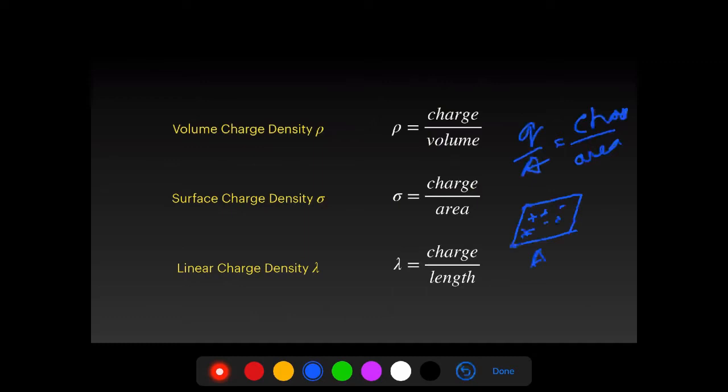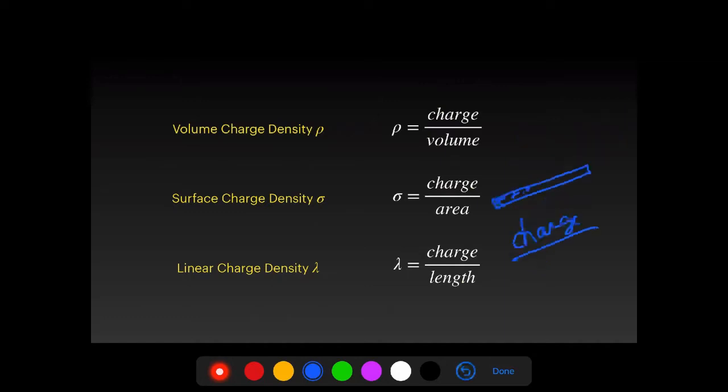Now if it is a linear charge density, it is charge per unit length, charge by length. Suppose the charge is distributed in a linear way, and its length is L. Then the linear charge density is charge per unit length, Q by L, represented by the letter lambda.